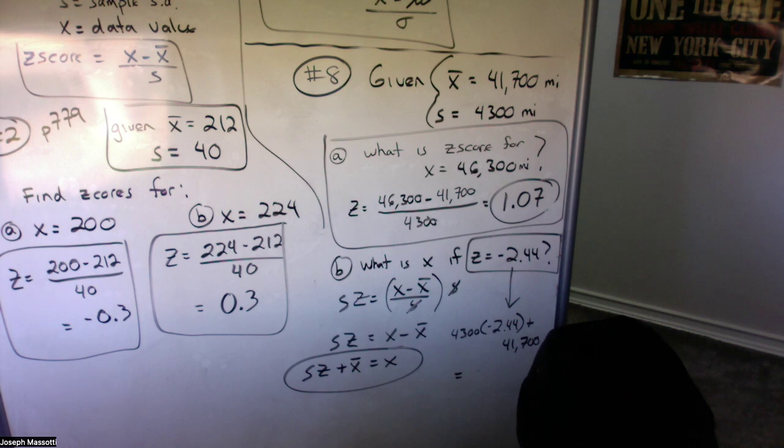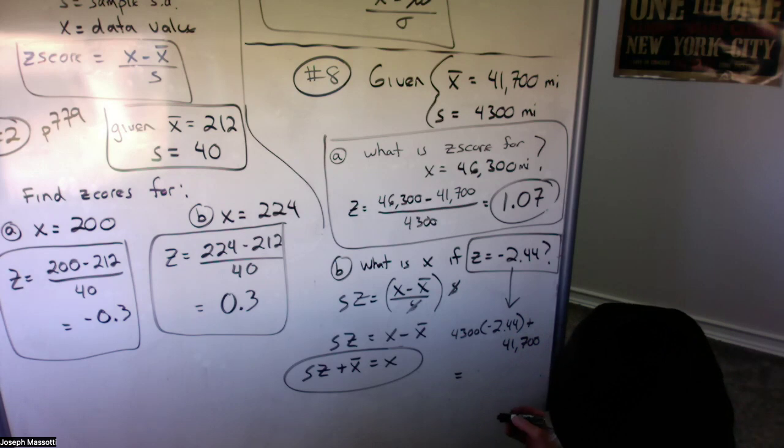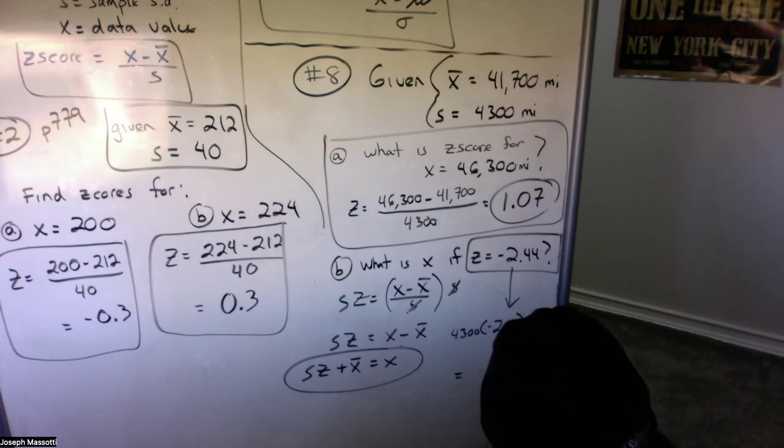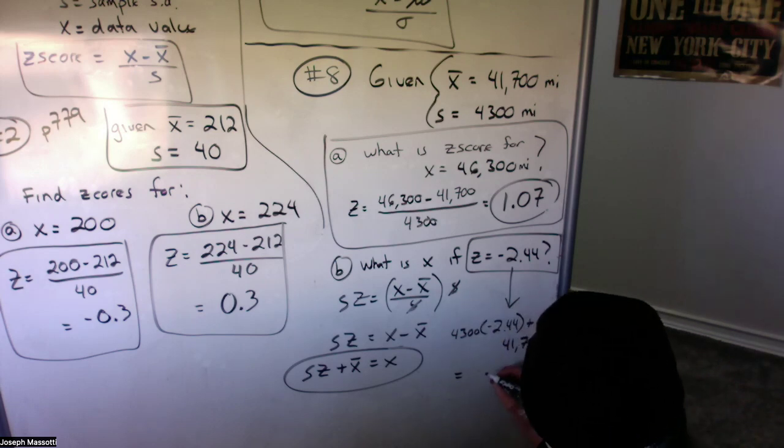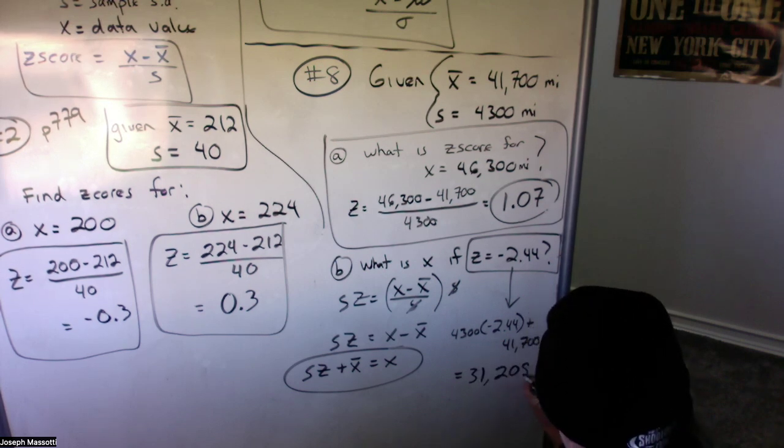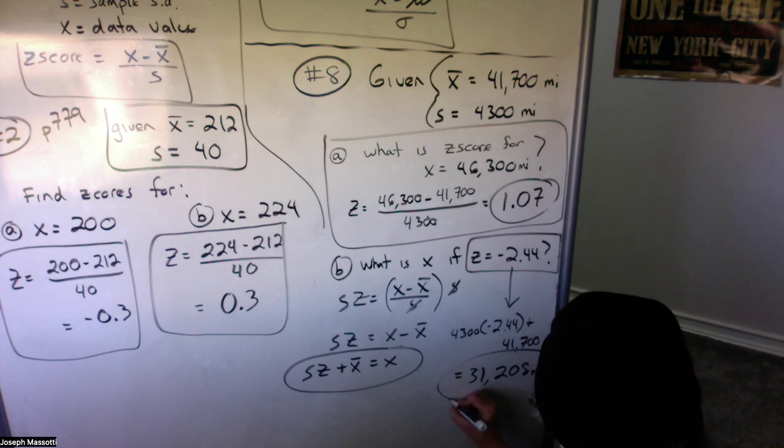4,300 times negative 2.44 plus 41,700. And we end up with 31,208 miles.